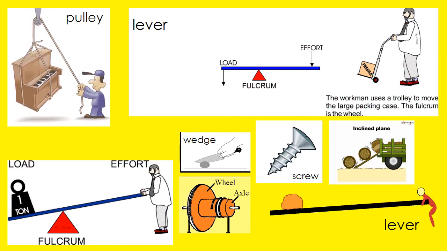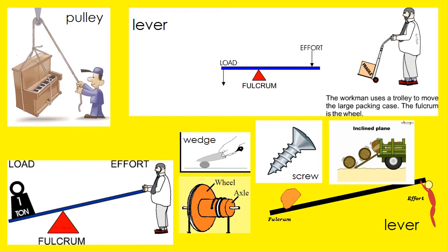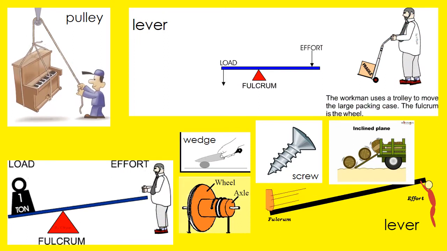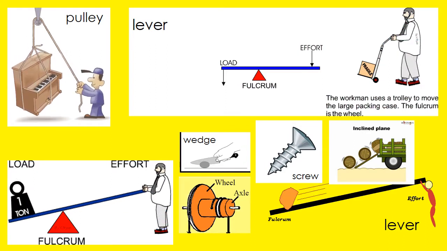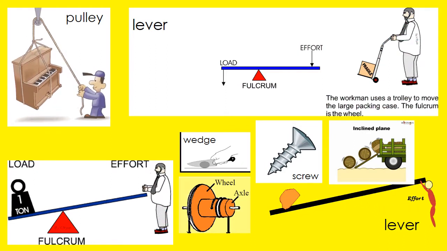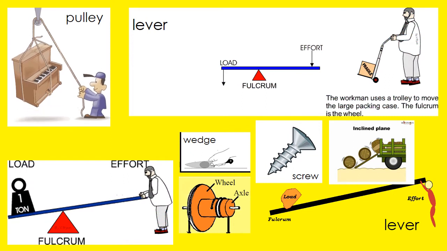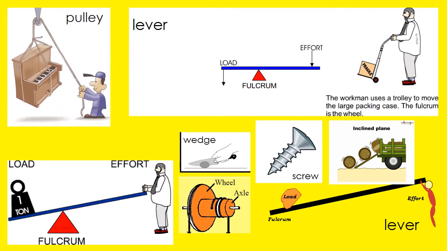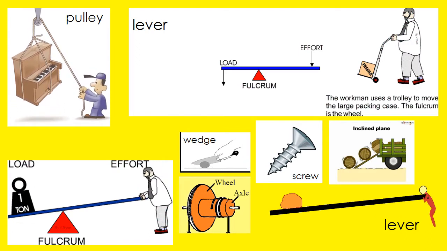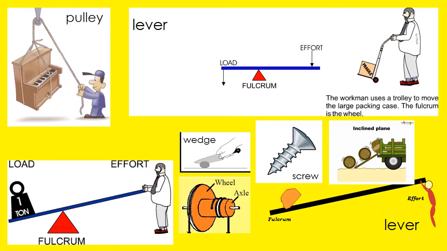They're not quite showing exactly the fulcrum in this, but where do you think it would be? Somewhere in the middle, where the lever rubs or slides against. That would be where the fulcrum would be.